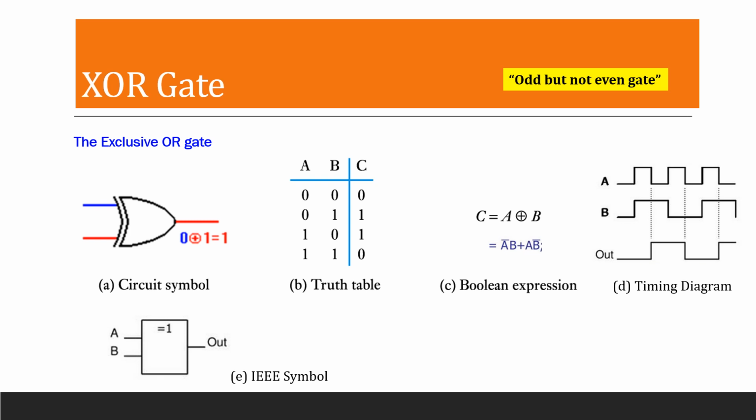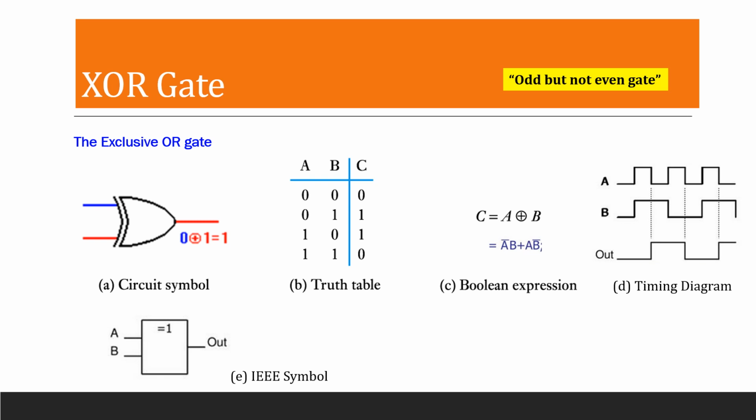Okay, so the logic expression for the gate is C is equal to A exclusive OR B. Please note the symbol used for representing the XOR. This gate's logic expression can be expressed in terms of AND and OR gates also. As we just said, this gate produces 1 only for the combination 0 1 and 1 0, right?